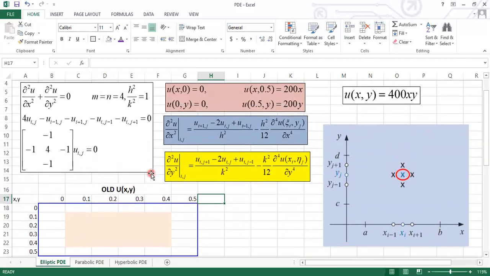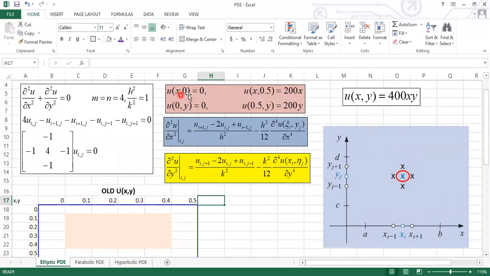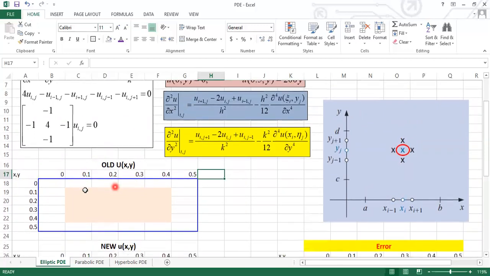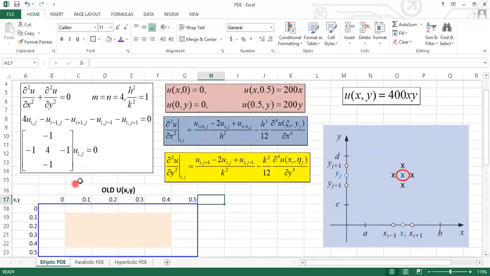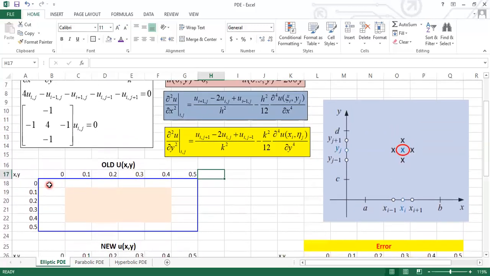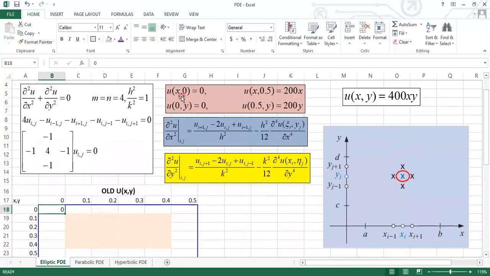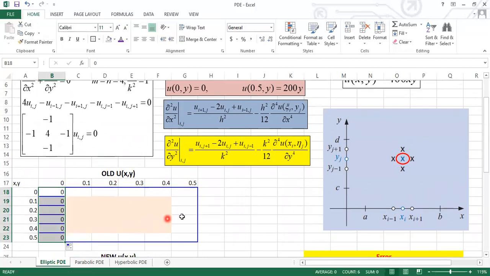Okay, so let me draw the first boundary, u(x,0). For y values equal to 0 and for other values of x, by the way, the blue marks the domain of u variation. So I make it here u equal to 0. So this is the boundary u(x,0). The x values are changing and y values are fixed, so we have all values equal to 0.